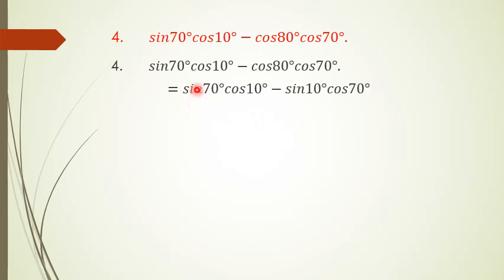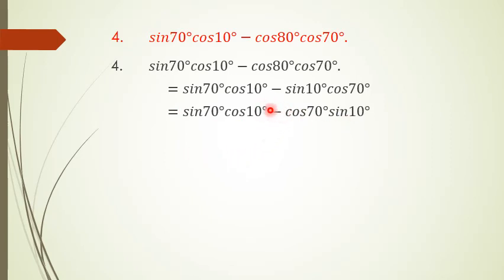The order should be sine, cos, cos, sine. So we'll interchange here cosine and sine. Remember, multiplication is commutative. In other words, the order in which you multiply two numbers does not affect the result. So sine 70 cos 10, here we swap cos 70 and sine 10, so that the order is now correct.